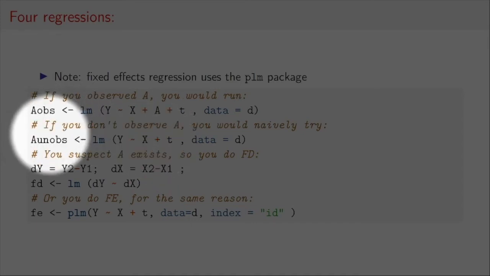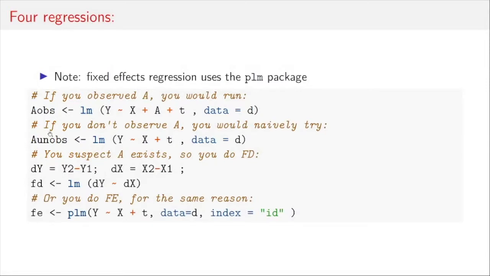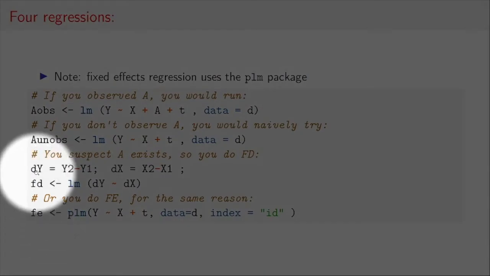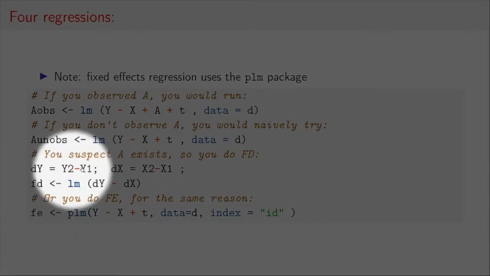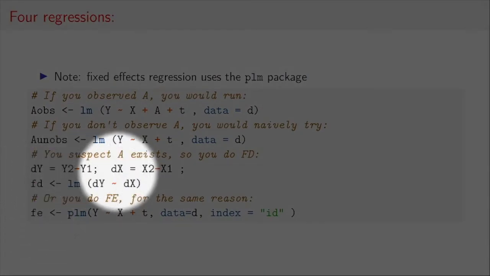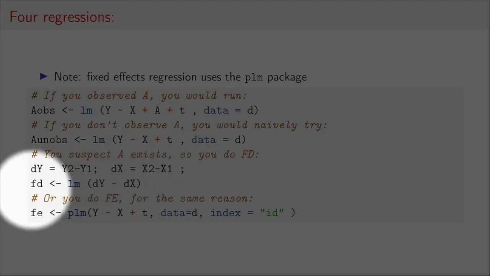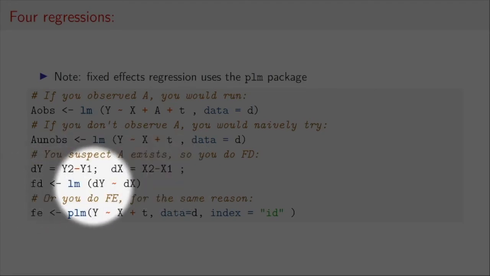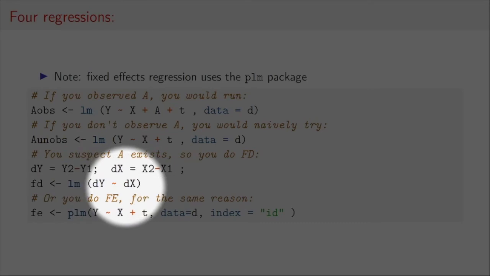We'll call this a unobserved. So now, if we suspect that a exists, but we don't have the data, we want to control for it, we want to control for the unobserved fixed characteristics, we are going to run a first difference model. How do we run the first difference model? We just compute the first difference in y, y2 minus y1, the first difference in x, x2 minus x1, and we run a model of dy over dx.